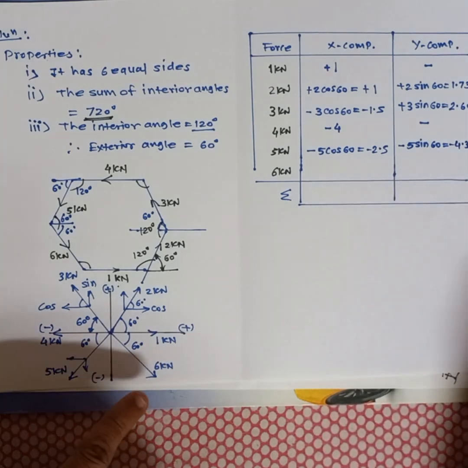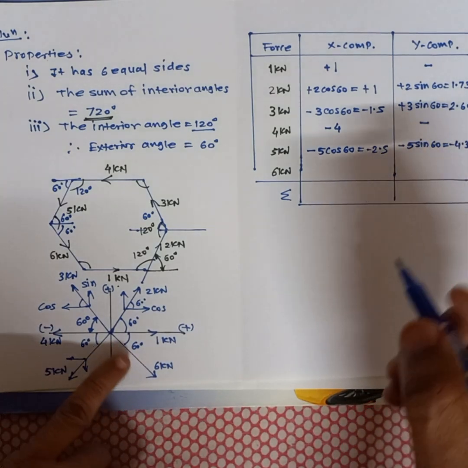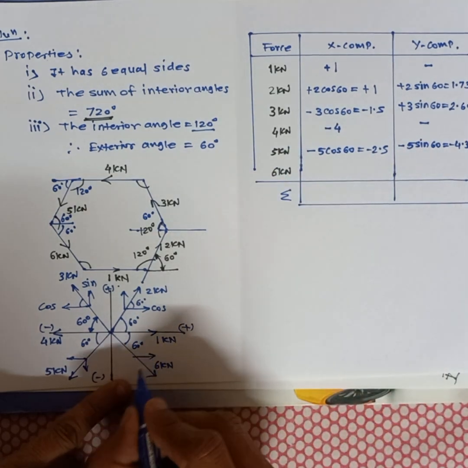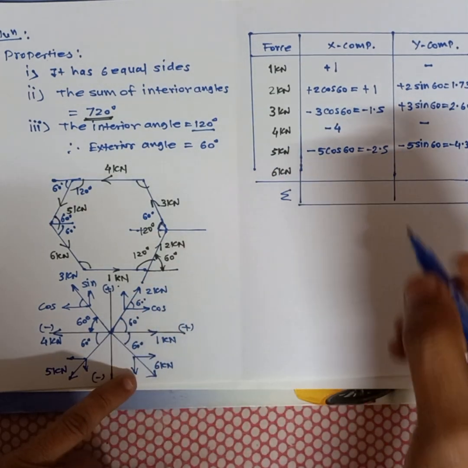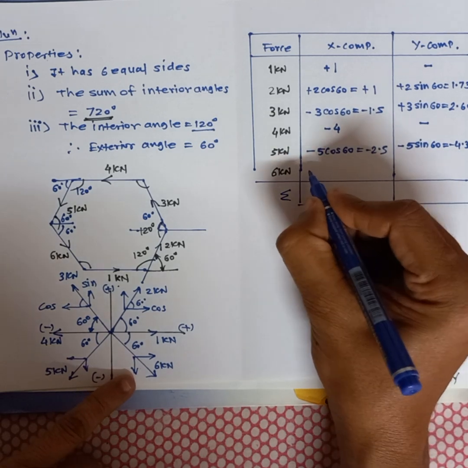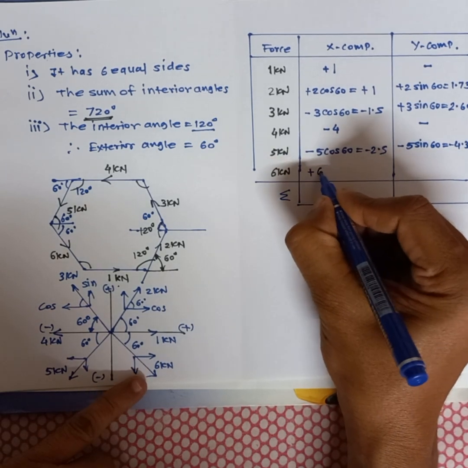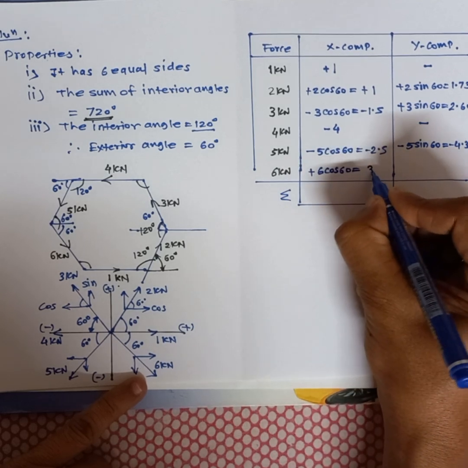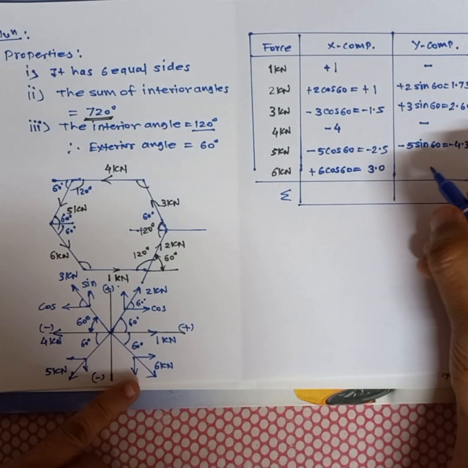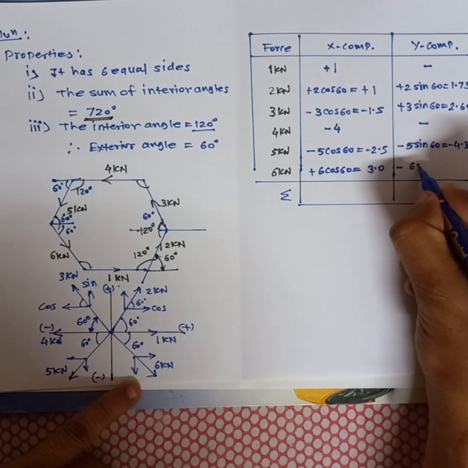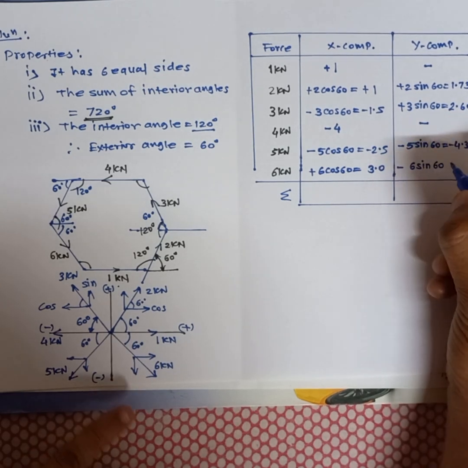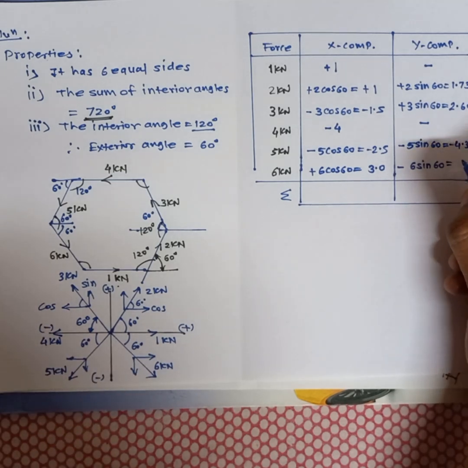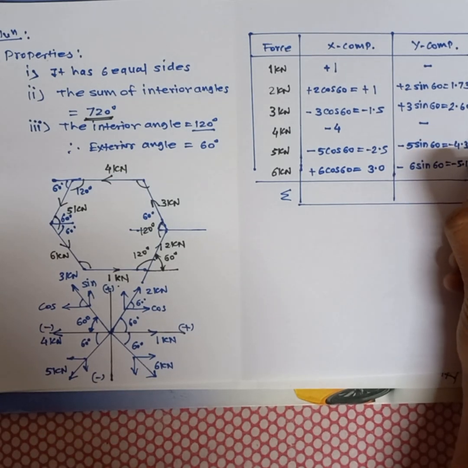Then last force, that is 6 kilonewton, it is in fourth quadrant, so x is plus, y is minus. So it is plus 6 cos 60 and that is 3 kilonewton, minus 6 sine 60 vertical component, and that is minus 5.19.